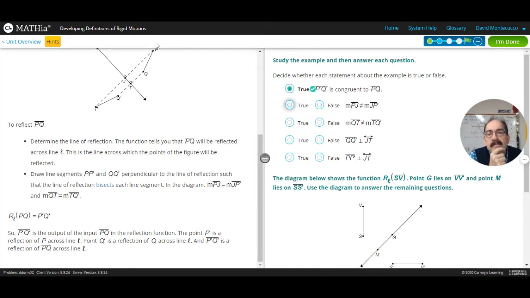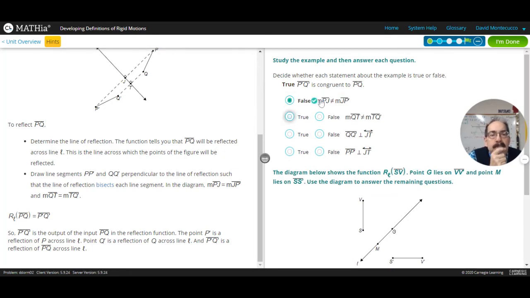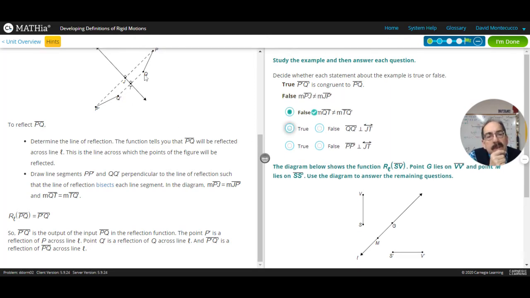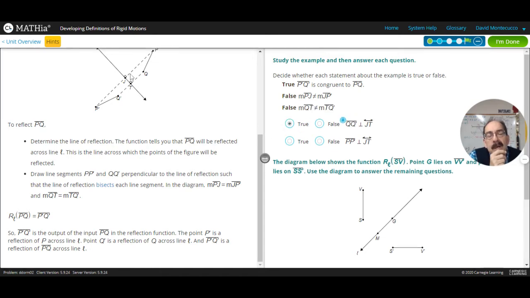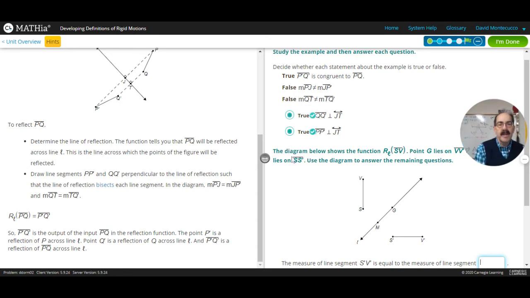The measure of PJ has to be the measure of JP. Has to be. QTTQ has to be. QQ is perpendicular, absolutely. Otherwise, it's not a reflection. Okay, to reflect means to stay perpendicular.